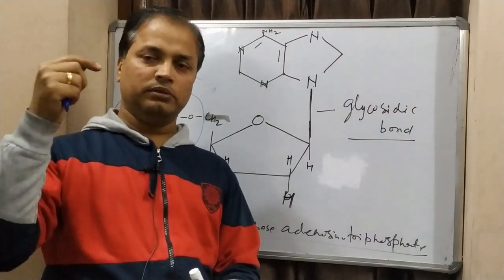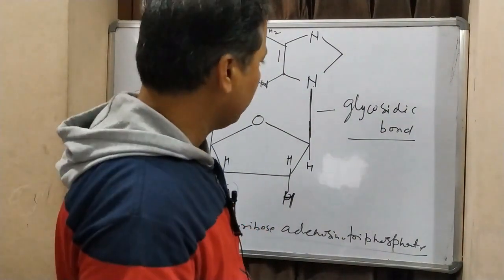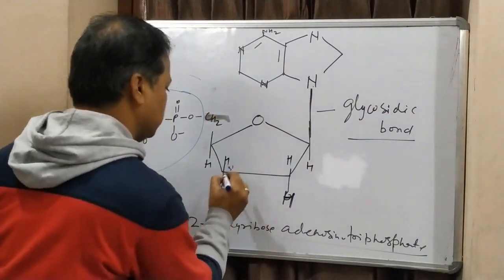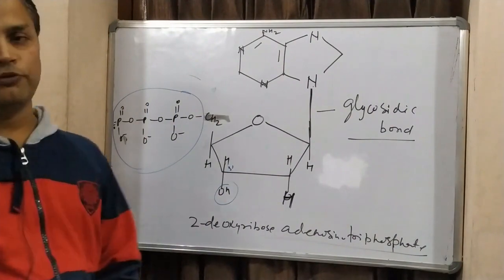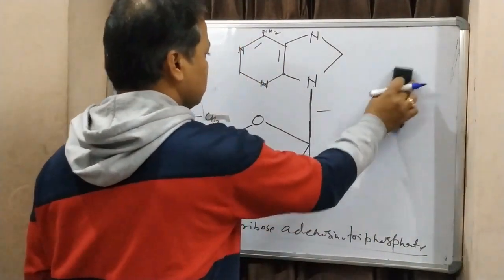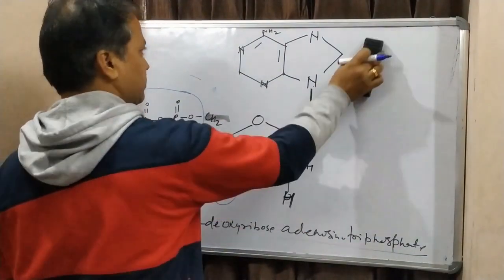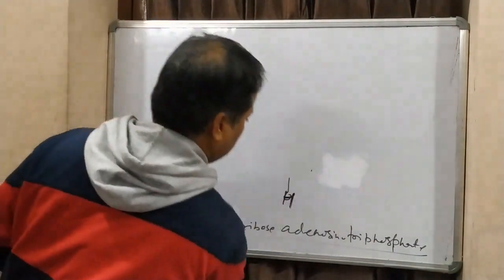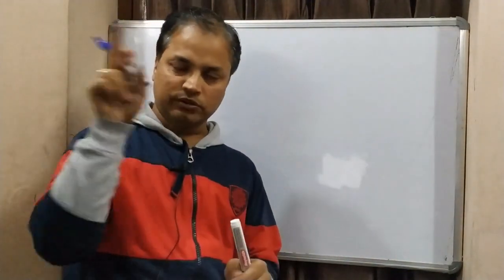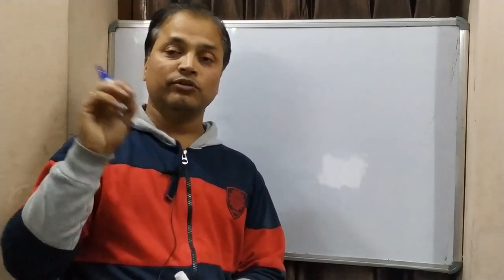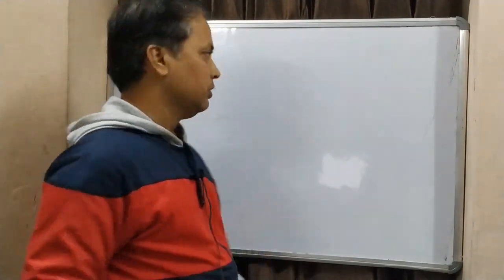There is always a joining between the 3' OH and the 5' phosphate. We'll see how this is going to form. So you can remember that in the case of one nitrogenous base, one nucleoside, we have a glycosidic bond.